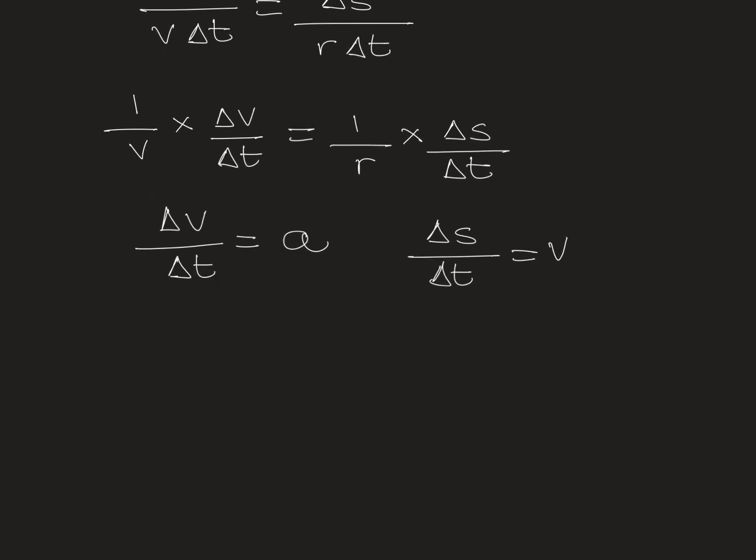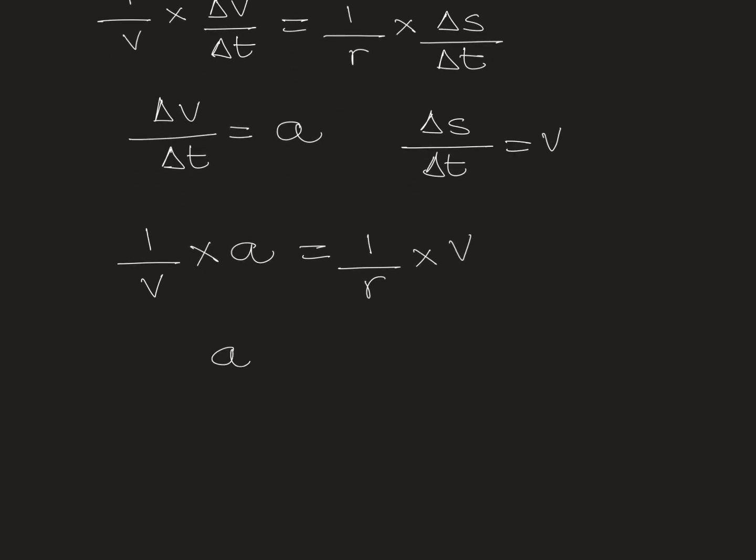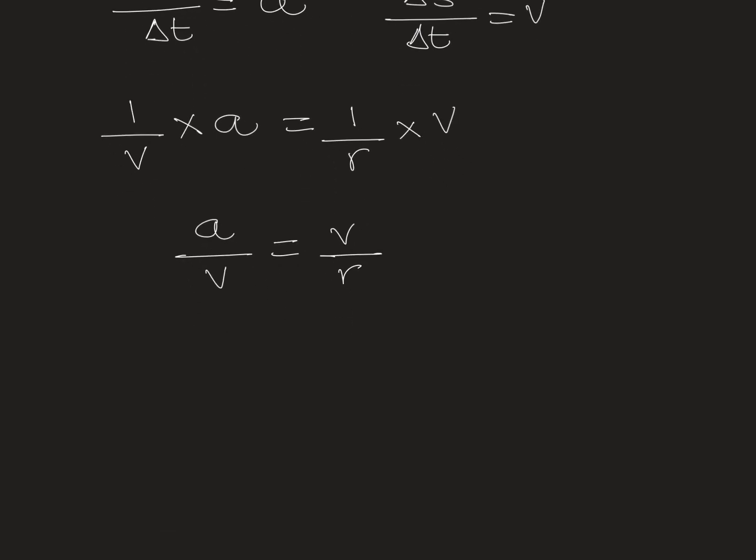So we can substitute those. Then for this equation, we have 1 over V times acceleration is equal to 1 all over R times the velocity. So 1 times A is A divided by V, and this is equal to 1 times V, which is V divided by R. If you cross multiply, you will have AR is equal to V squared.